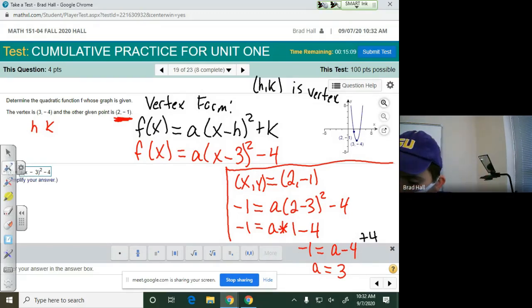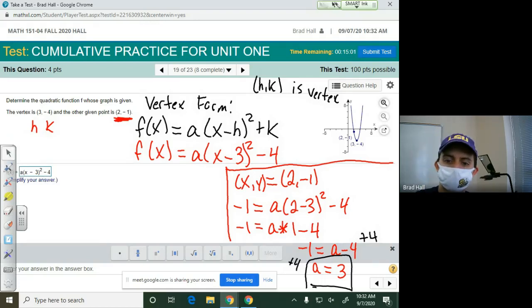Add 4 on both sides. And we just get that a is 3. So that is the final piece of the puzzle.